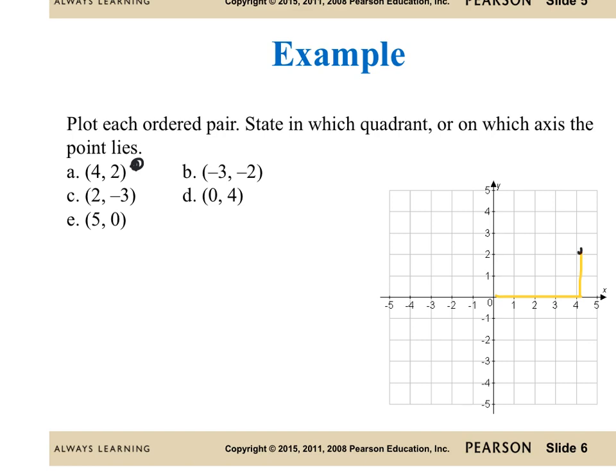And that gives us the location of the point (4, 2). Next, we're going to plot the point (-3, -2). So we're going left 1, 2, 3, and down 2, which leads us to this point.